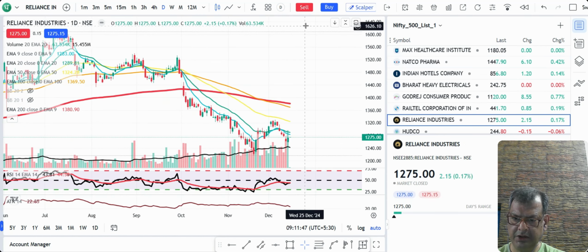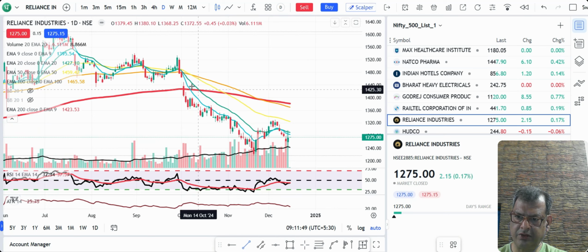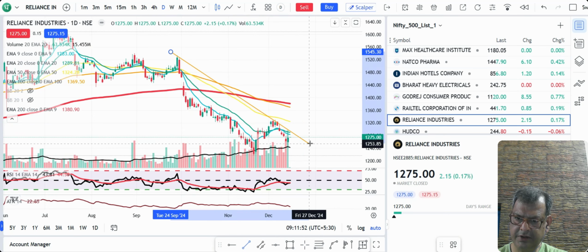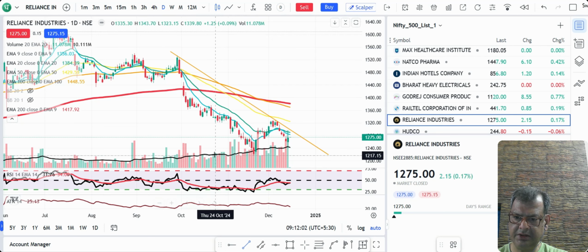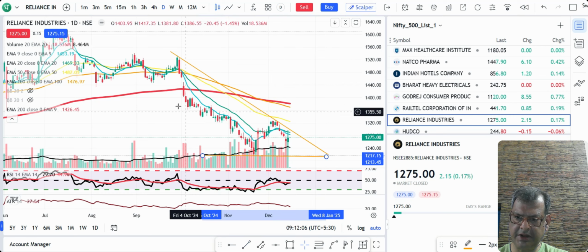Again, here I can draw a trend line. Can you see this? This again is a descending trend line. Price is making lower highs, lower lows.